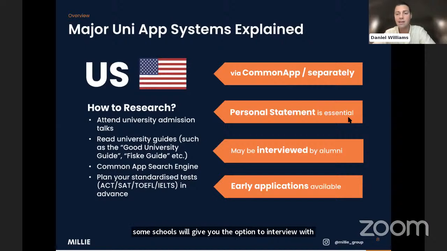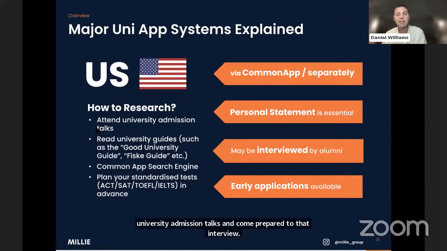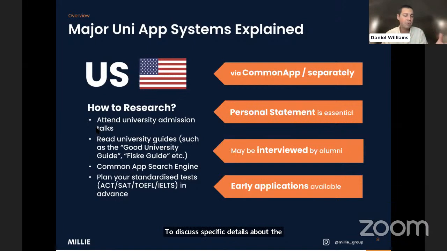Even if the school says that those interviews are not evaluative, they are, because after each alumni interview, the alumnus will send a report to the school about the conversation and give their assessment of the candidate. So you want to prepare for that in advance as well. Do your school research, as I said, through these university admission talks, and come prepared to that interview to discuss specific details about the school that prove that it's the perfect fit for you.